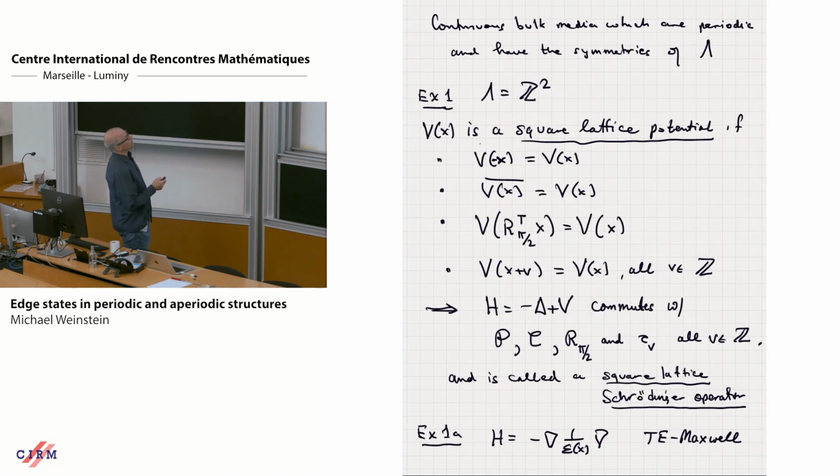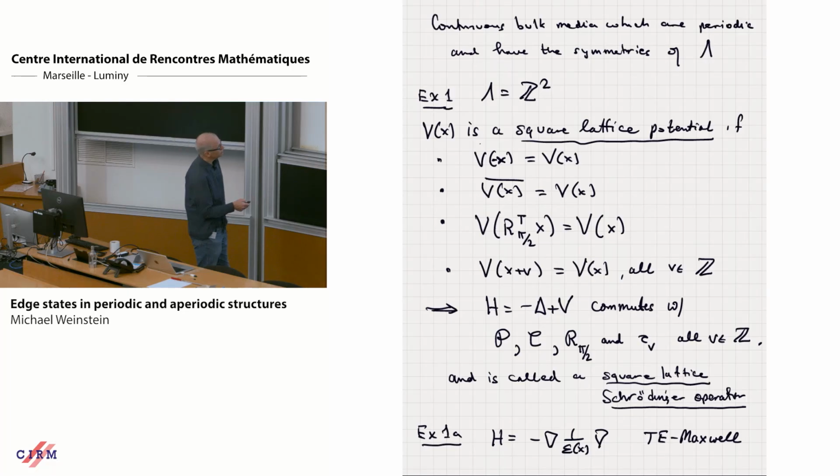Okay, so here I'm going to introduce continuous bulk media, which are going to be modeled by potentials which have the symmetries of the discrete lattice. So V of x will be called a square lattice potential if V is even, if it's real, if it's rotationally invariant by 90 degrees, and if it's periodic with respect to the square lattice.